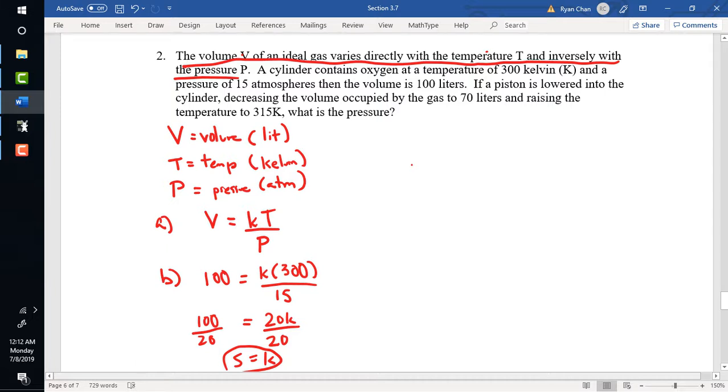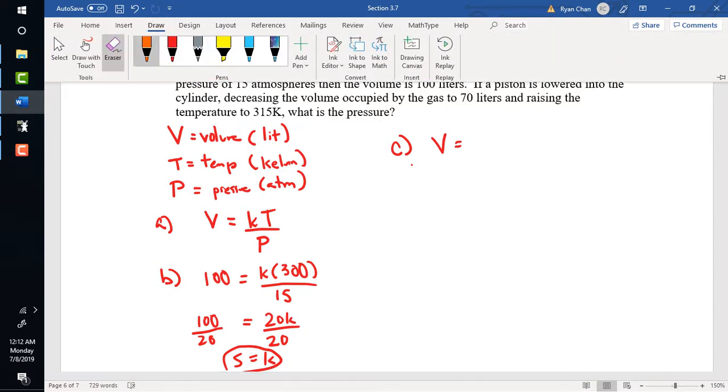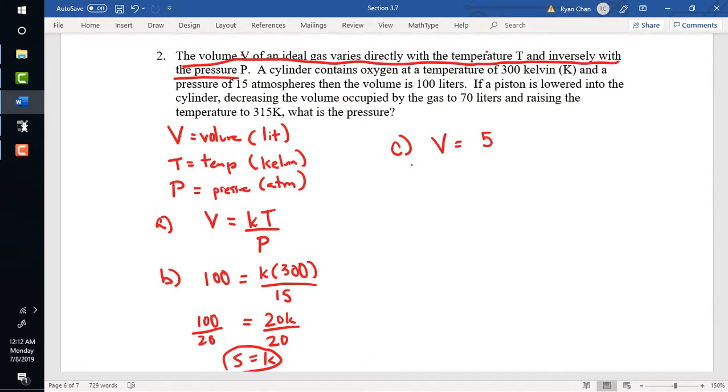So, once again, we're going to redo this here. I have V is equal to, so my K is replaced with 5, so I have 5T all over P. Now, be really careful right here.